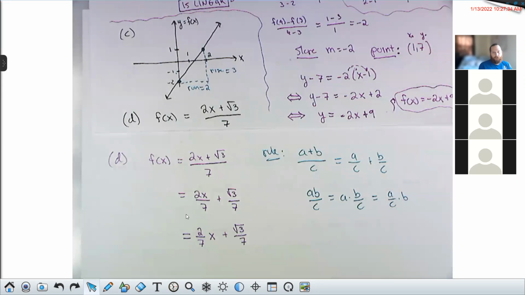So I ask you again, is this a linear function or not? Yeah, very good. It is, right? Here's mx plus b.